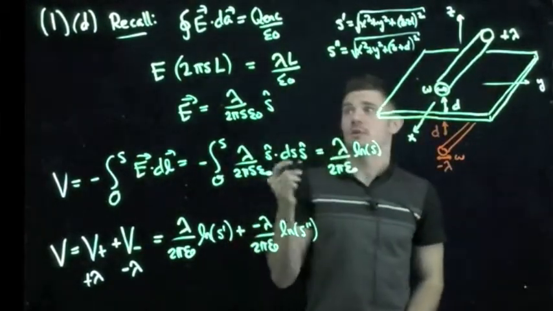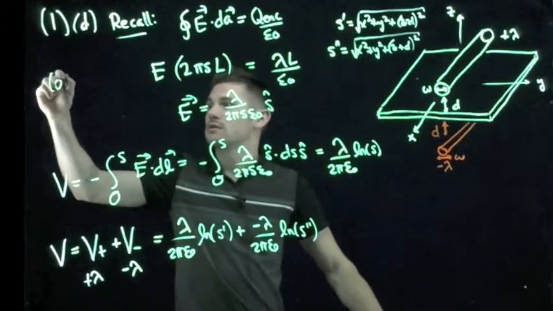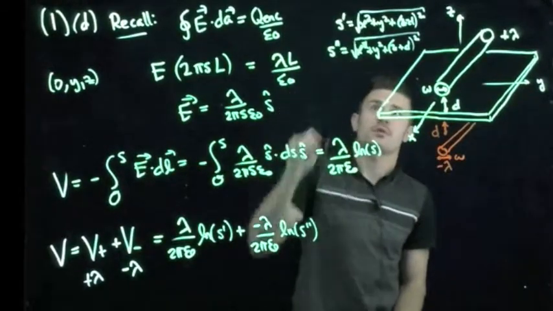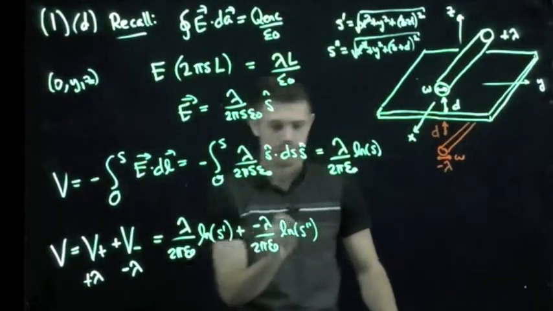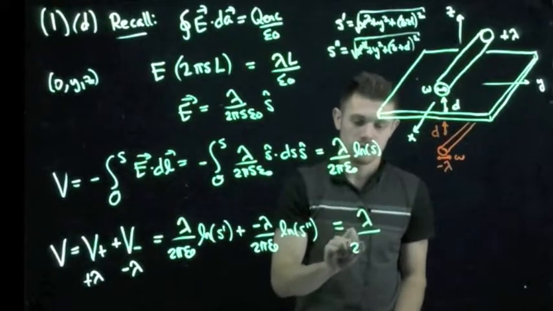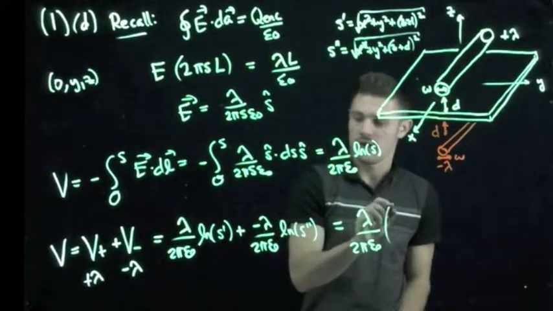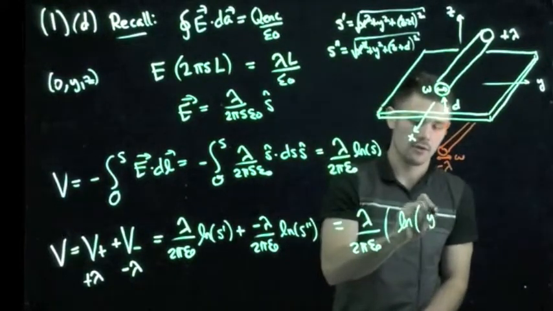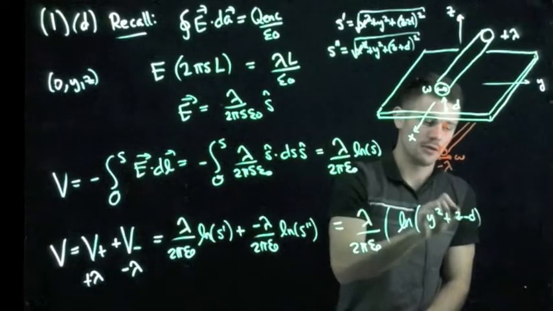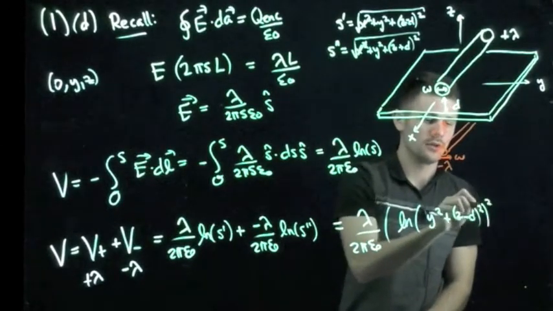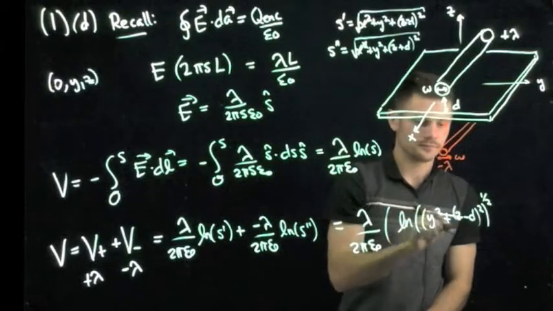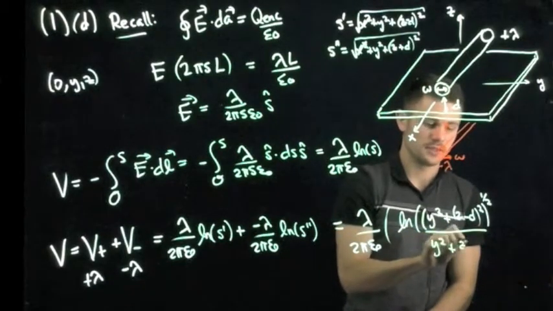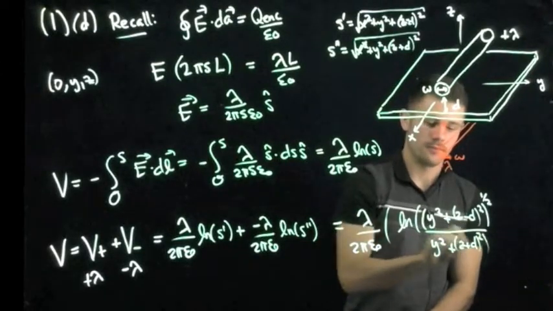Of course, in this question we were looking at the position 0, y, z, where x was equal to 0, so we can just get rid of that x squared right away. Substituting into the formula, I pull out the common factors, and we essentially have the ln of the square root of y squared plus z minus d squared, divided by the square root of y squared plus z plus d squared.